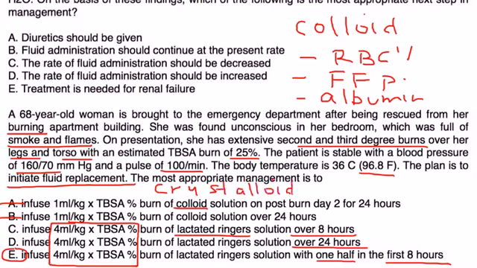And crystalloid solutions include the saline that you commonly see given to patients, and the ones that are involved a lot in burns, which are lactated ringers solutions. So that's the difference between colloid and crystalloid solutions.